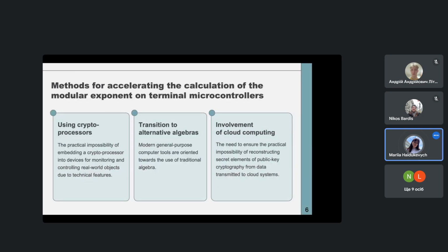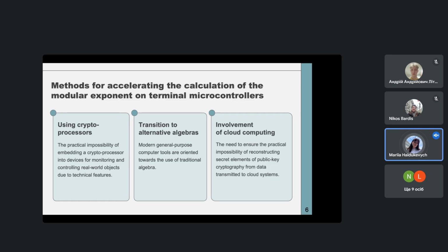In theoretical terms, there are 3 possible ways to increase the performance of modular exponent calculation on terminal platforms. The first of them is to use cryptoprocessors.